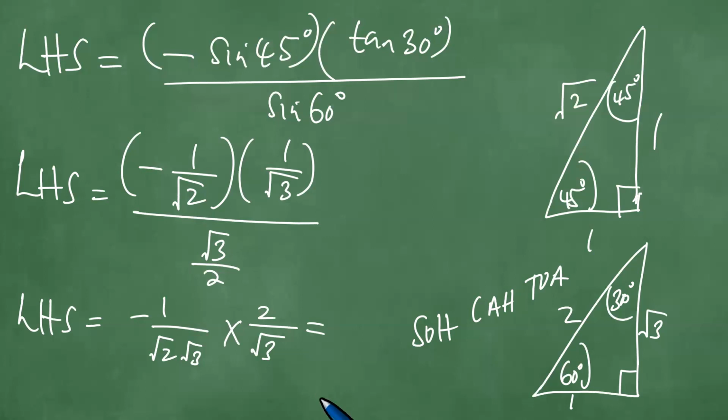Then what does it become, Tando, at the end of this? You need to simplify that, right? So if you simplify that, what does it become, Tando?